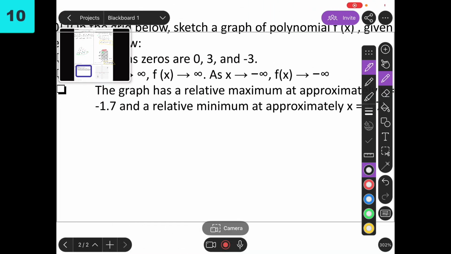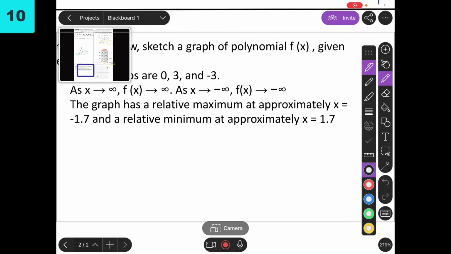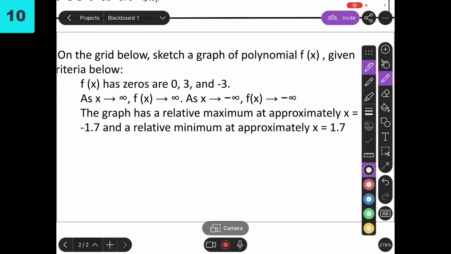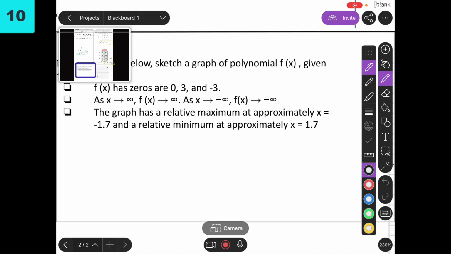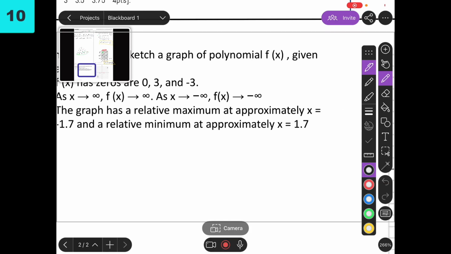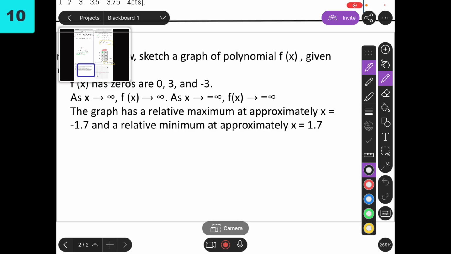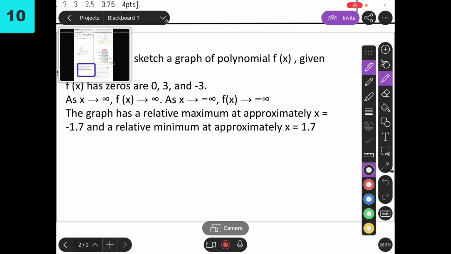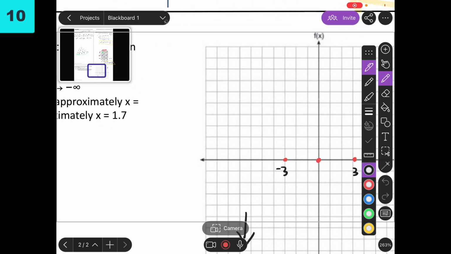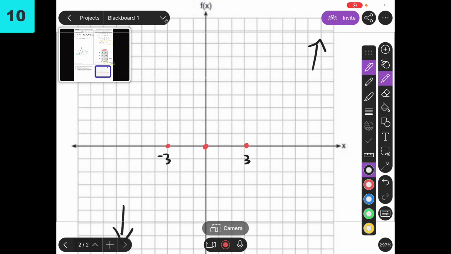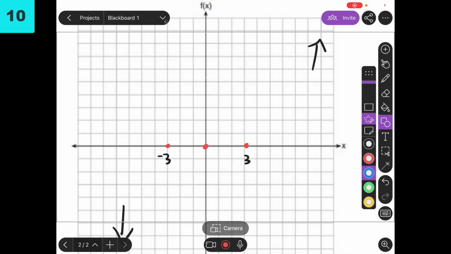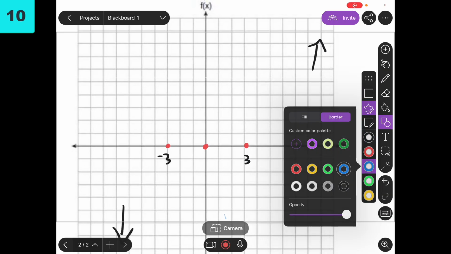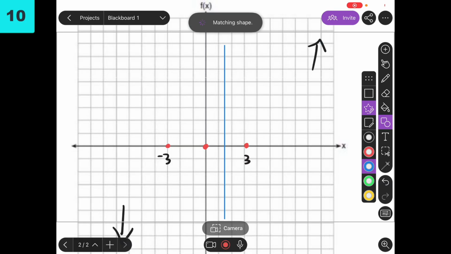And then lastly, it's asking us to consider the fact that the relative maximum is about x equals negative 1.7, and the relative minimum is x approximately 1.7. So I can just kind of pick and choose where somewhere along 1.7 is around here, and negative 1.7 is somewhere along right here.